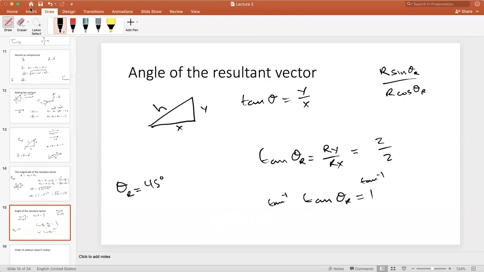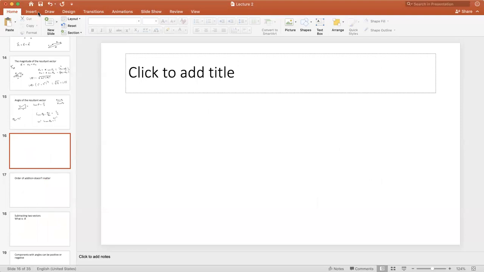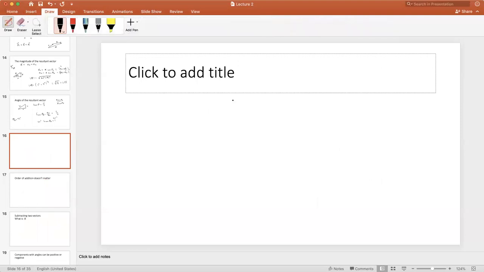So, okay, let's really quickly go back through and talk about what we've done. We have a vector R, and that vector is equal to A plus B. That vector can be represented as components, Rx and Ry.